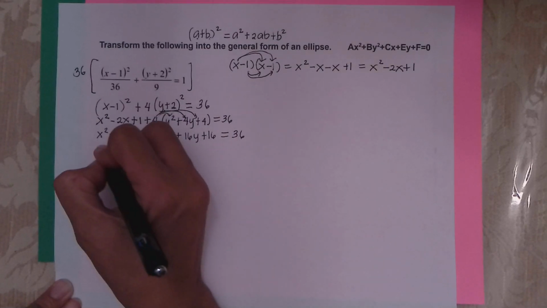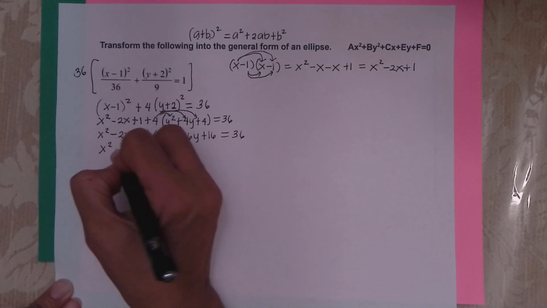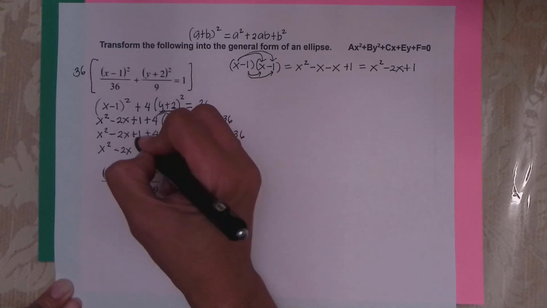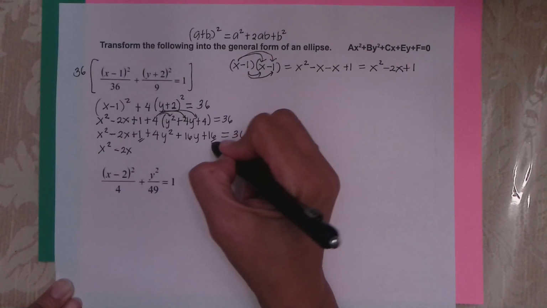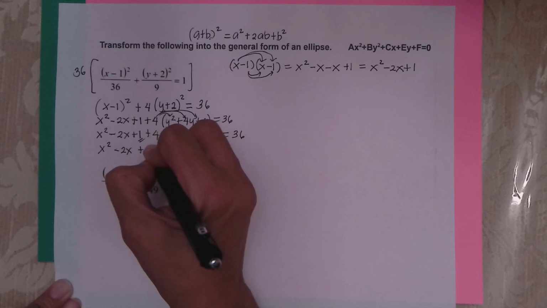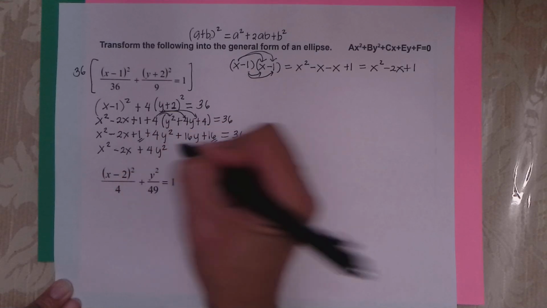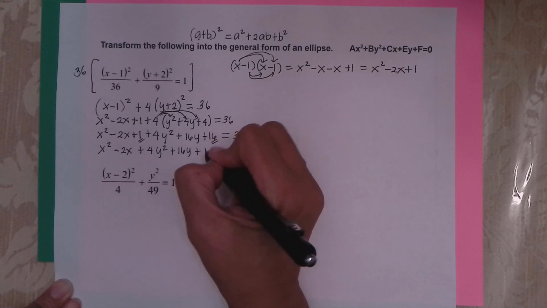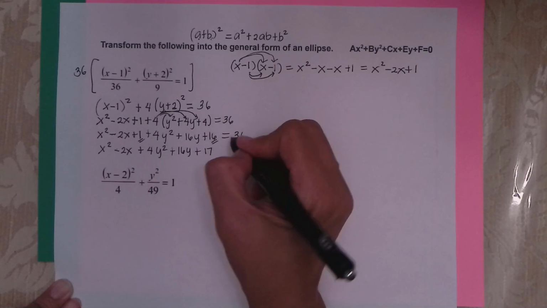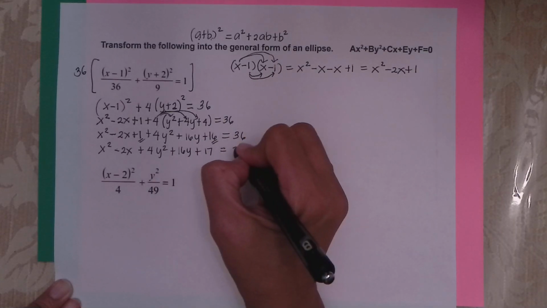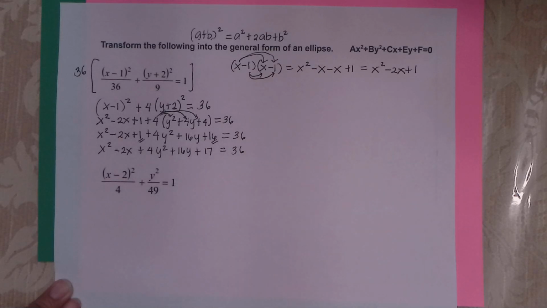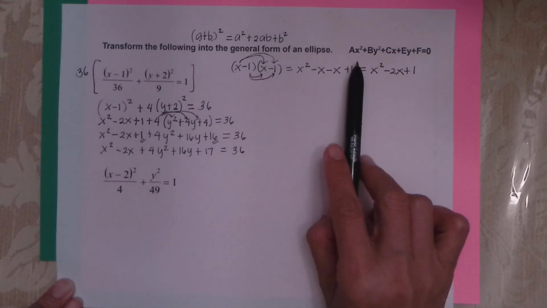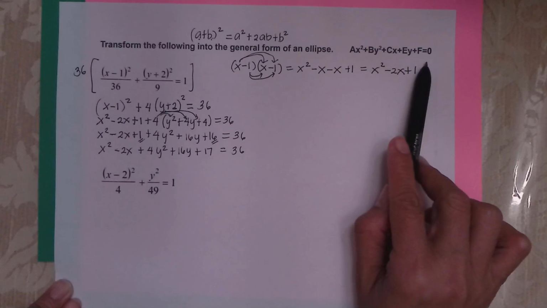Okay, let's combine similar terms. We have constant terms that can be combined, the 1 and the 16. Let's combine them first. Plus 17, 1 plus 16 is 17, is equal to 36. And now we're ready to write that in the general form of an ellipse.